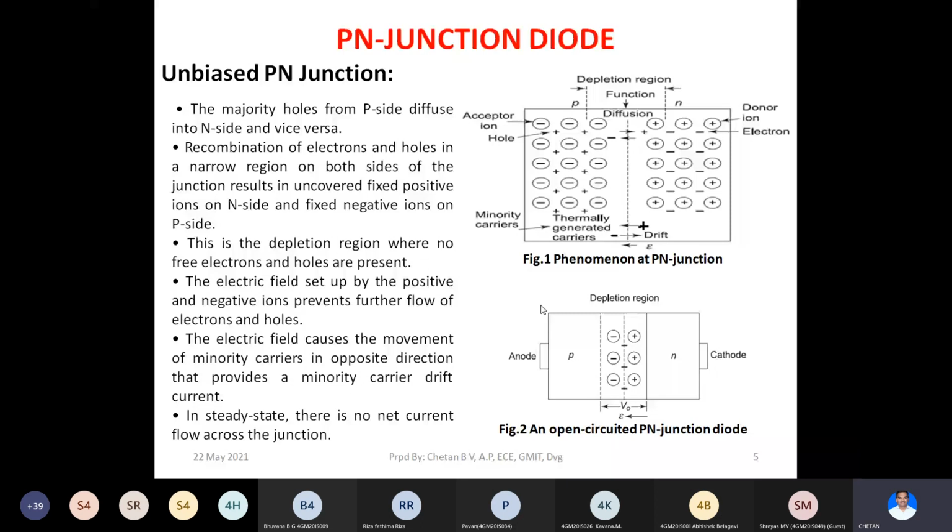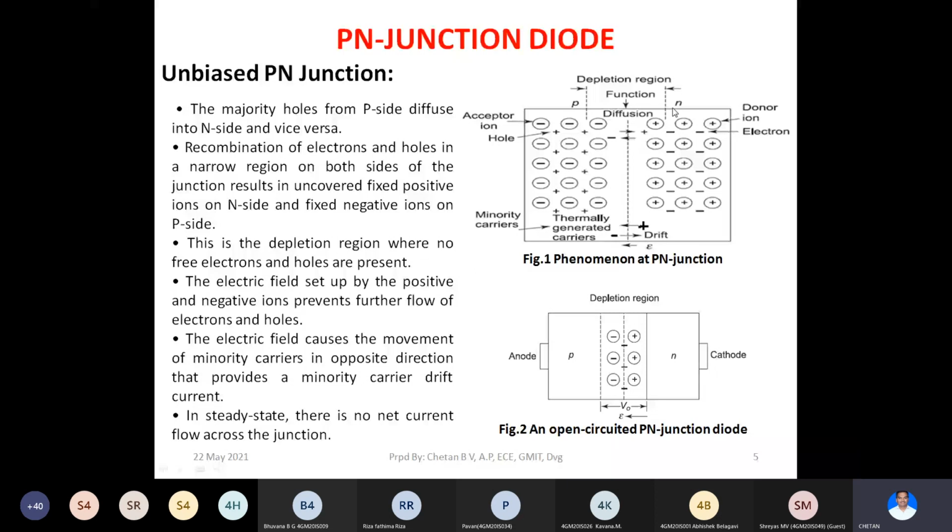The first step in this phenomenon, when two P and N type semiconductors are joined, is diffusion. The holes, which are majority charge carriers in p-type semiconductor, move towards the n side, and the electrons, which are majority carriers in n-type semiconductor, move towards the p side.